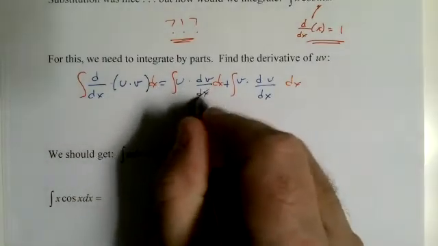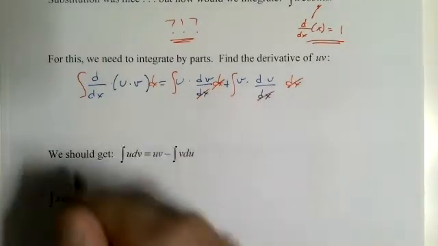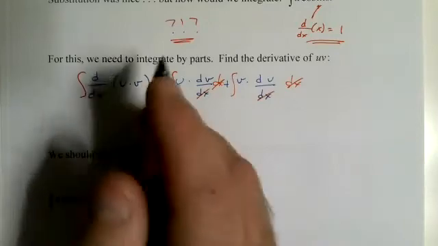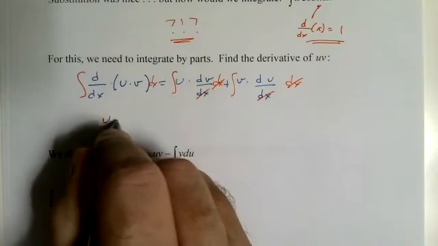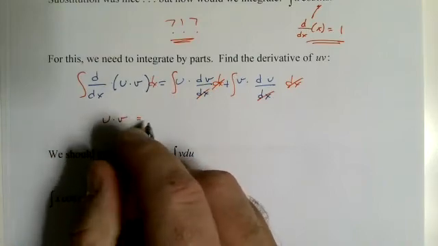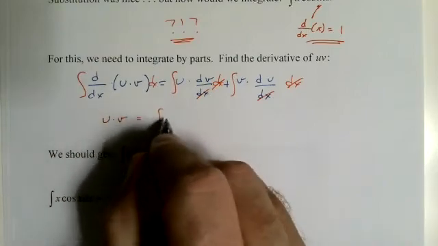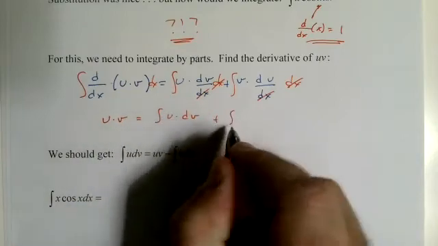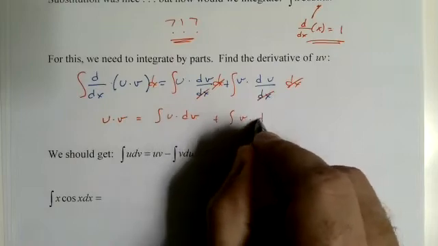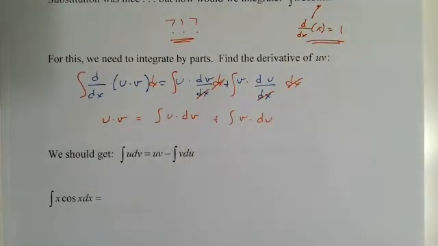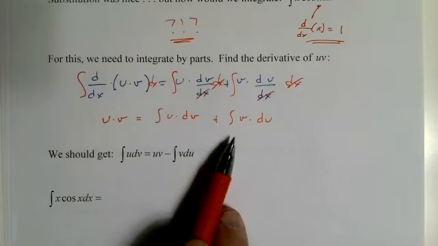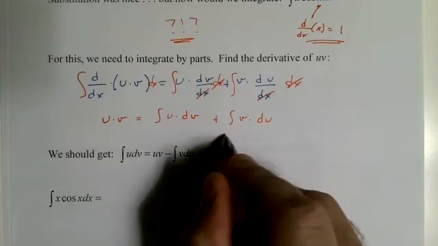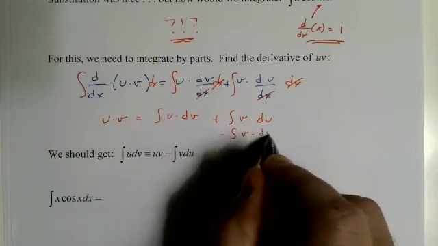Your dx's cancel here and here. And the integral of a derivative cancels, you're just left with u times v equals the integral of u dv plus the integral of v du. And then we're going to subtract, excuse me, this one over, minus the integral of v du.